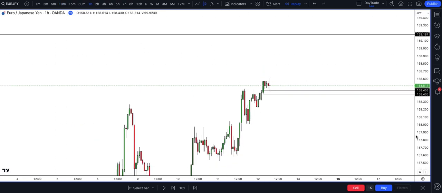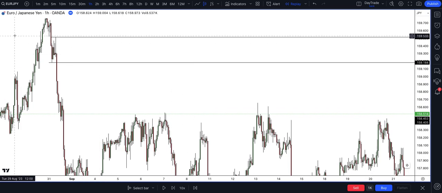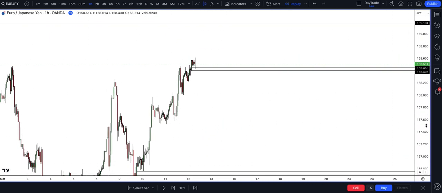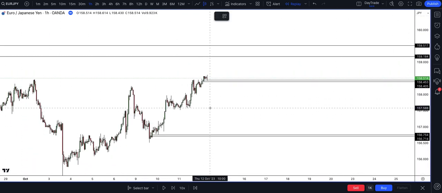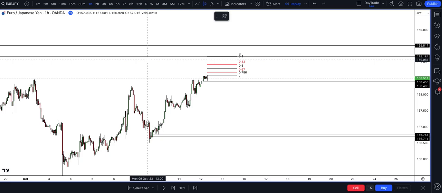The hourly time frame, where the target's going to be. Target is going to be from the zone up to here.